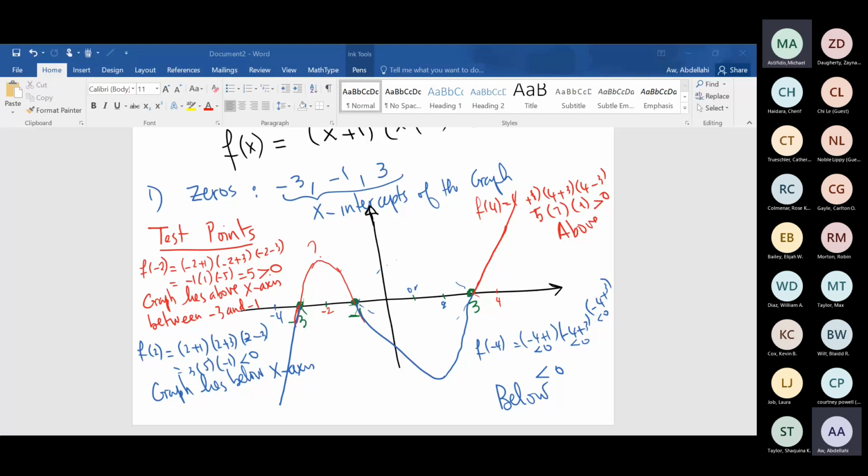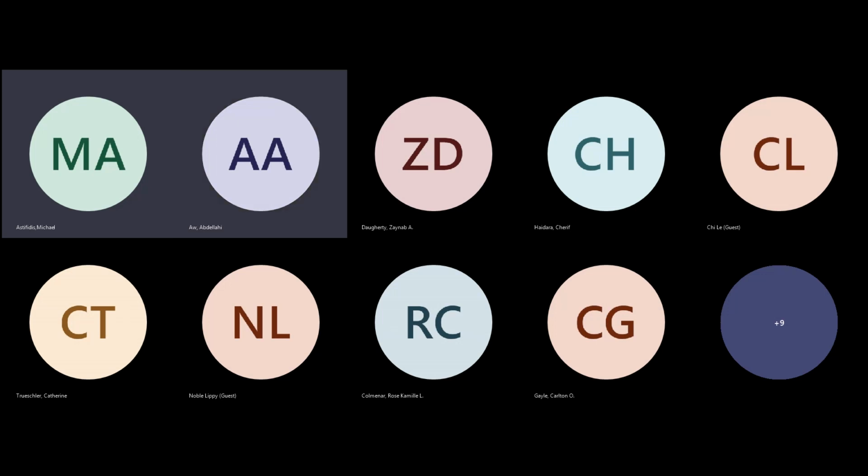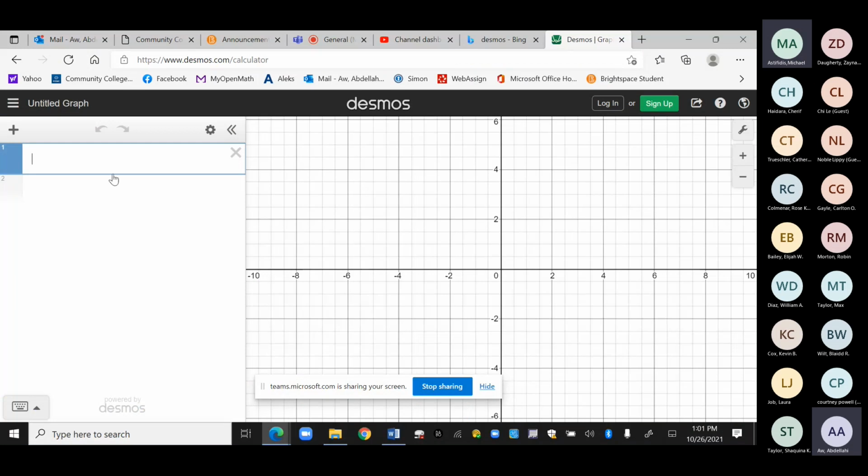Let me share my screen so you're going to see my calculator. Okay, everybody sees the calculator right here?